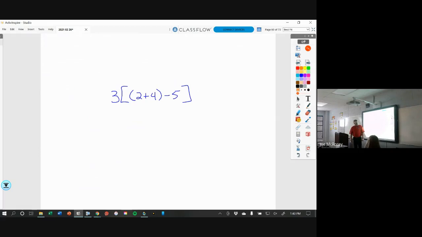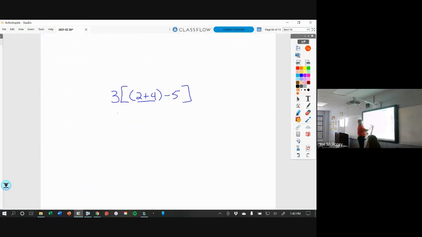If I told you to simplify this, what would you do first? Do what's in the parentheses. So tell me exactly, what would you do first? 2 plus 4, because it is on the inside of the outer parentheses, or in this case brackets. So we're going to work inside.